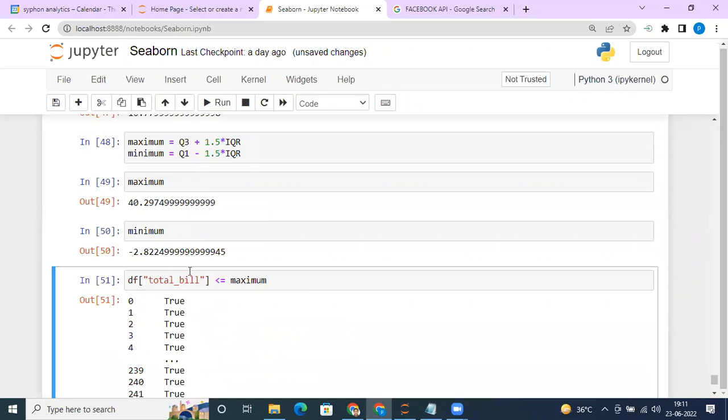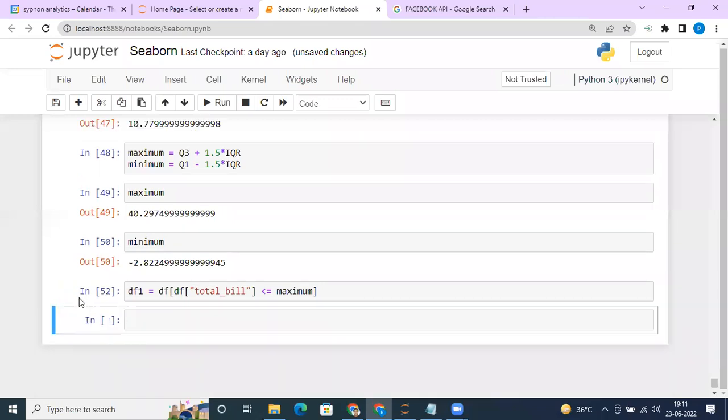And now remember, how do we filter our data frame? I can pass this condition inside my data frame like this. Only those rows will be selected in the data frame which are satisfying this condition. So you will be getting only that data which is not having any outliers. And you can save this result anywhere else, suppose df1.